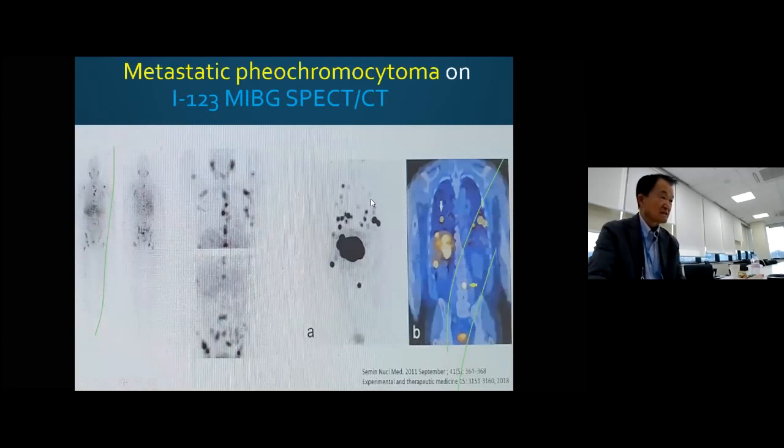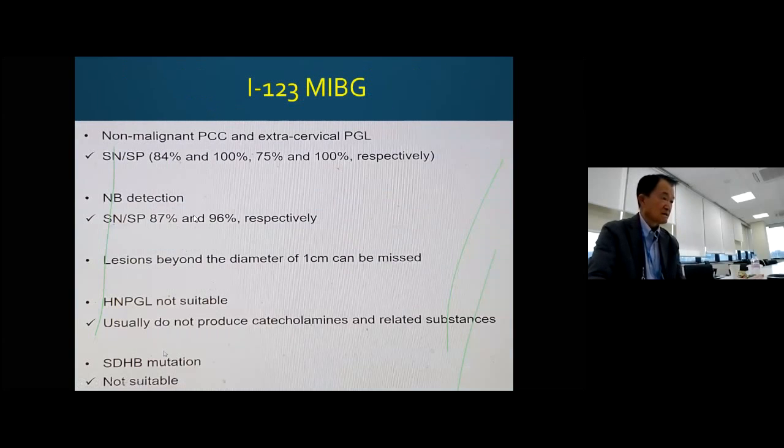Yeah, like this. That's now 2, 3 MIBG SPECT. They show very nice, like this. So for diagnosis, multicentric or things. And this is again cyclotron producing, expensive ones.